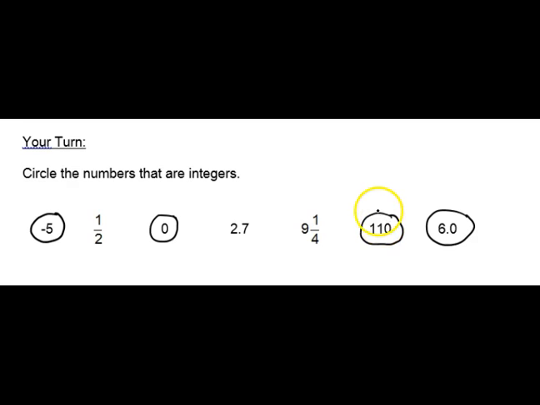It's a positive number. And finally, 6.0. Now you're probably thinking, well, you said that these are not integers because they are decimals. And that's correct. However, this decimal 6.0 can be simplified to just the whole number or integer 6.